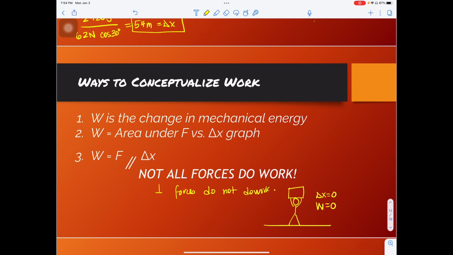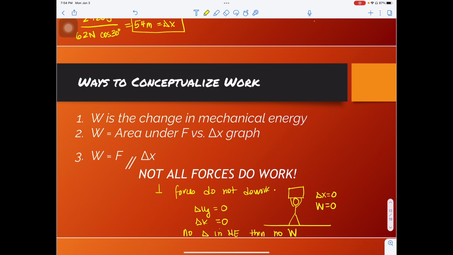If I'm just holding it there, there is no change in gravitational potential energy, and there's no change in kinetic energy because it's not moving. So that's 0, and if there's no change in mechanical energy, then there's no work.